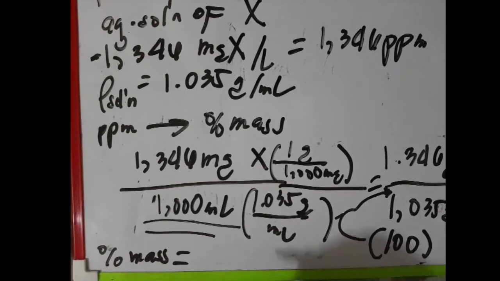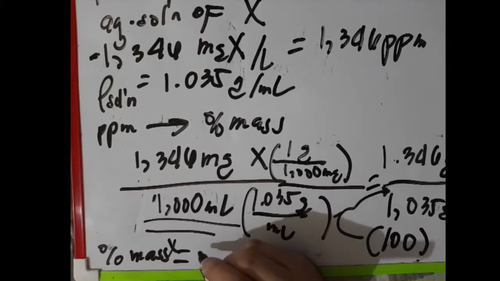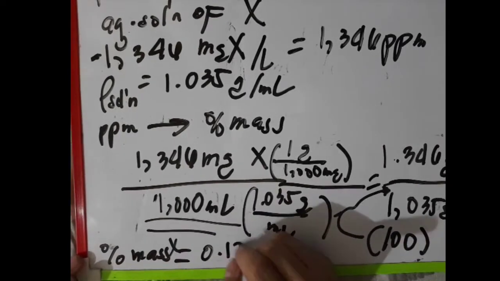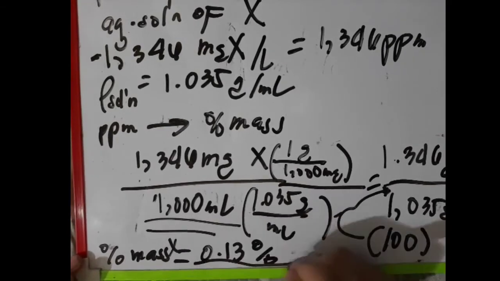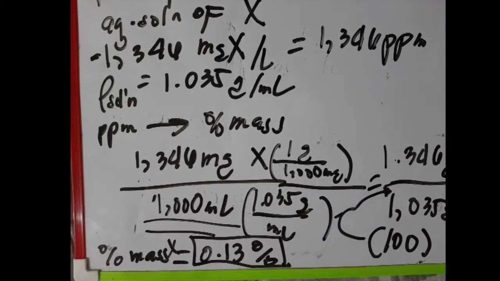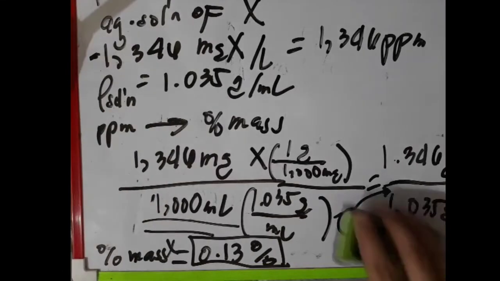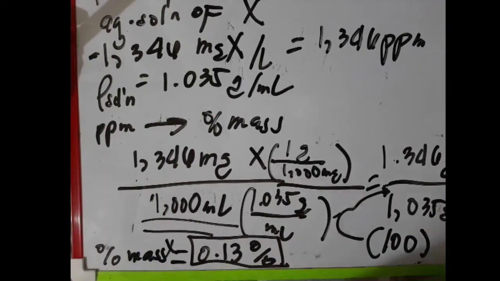So the percent mass of X here is 0.13%. Basically, that's it. So that is if you have the conversion factor.